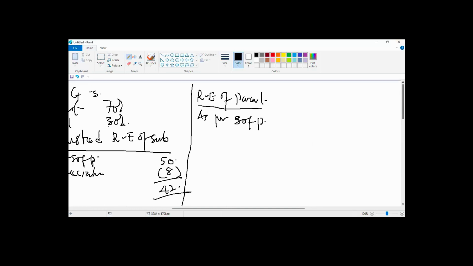Parent share of profits: 0.7 times 22. The answer is 15.4.